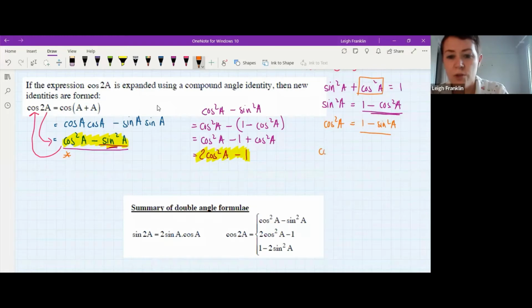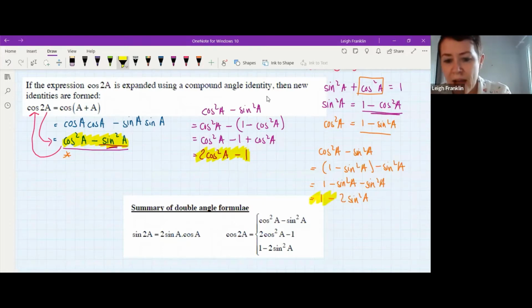I'm starting off with cos squared A minus sine squared A, and in place of cos squared A, I'm writing 1 minus sine squared A, minus sine squared A. Here, there's an invisible plus in front of the bracket, so no signs are going to change. So I have 1 minus sine squared A minus another sine squared A. And that's where 1 minus 2 sine squared A comes from.